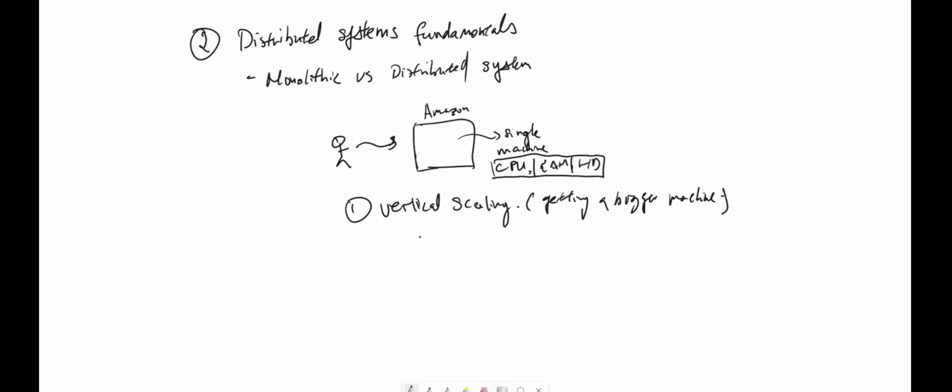So instead of having a machine with, let's say, 4-core CPU, let's get an 8-core CPU instead, right? And if we're running out of memory, let's say if we currently have 100 megabytes of RAM, let's say we have 1 gigabyte of RAM, right? So we're spending money to get a bigger machine.